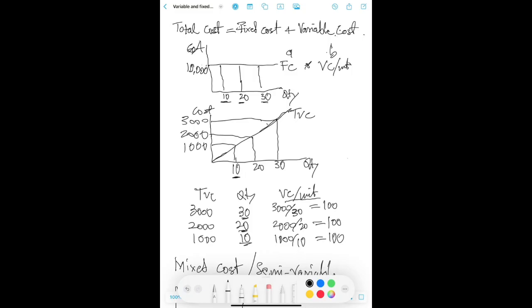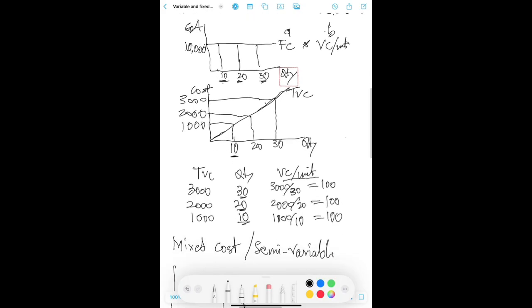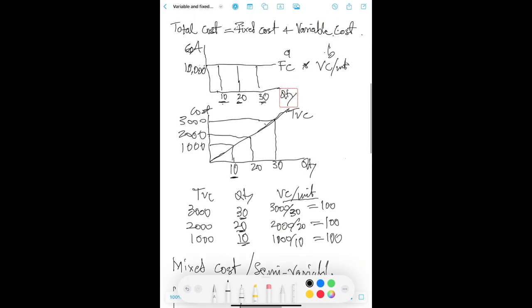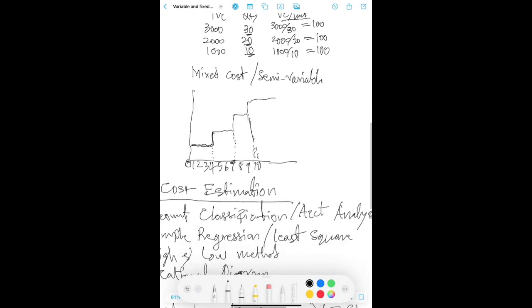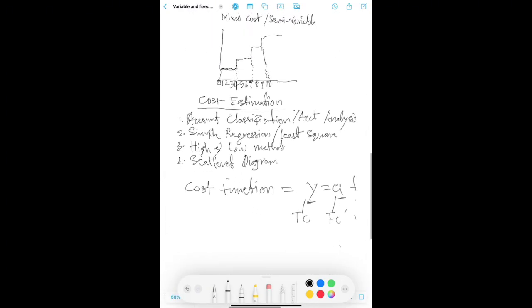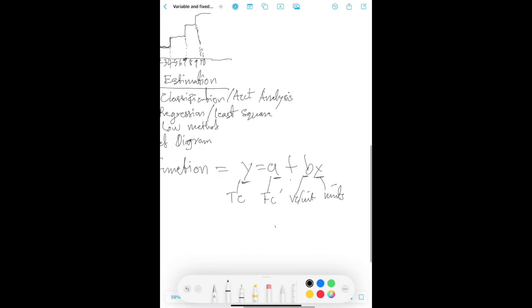You can see they are constant. They are constant even when activity was changing from 10, 20, 30. They remain constant. So that's what we mean by saying that these two costs, fixed cost and variable cost per unit, are constant in the cost function as we have written here.